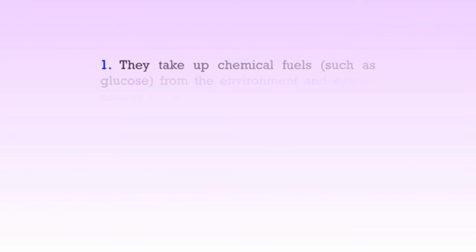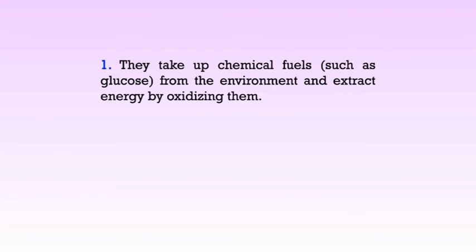Living organisms derive energy from their surroundings in two ways. Number one, they take up chemical fuels such as glucose from the environment and extract energy by oxidizing them, or they absorb energy from sunlight. Living systems are never at equilibrium with their surroundings, and the constant transaction between system and surroundings explains how organisms can create order within themselves while operating within the second law of thermodynamics.